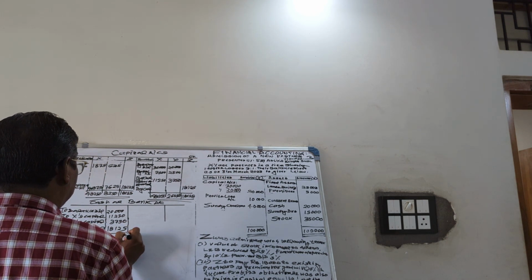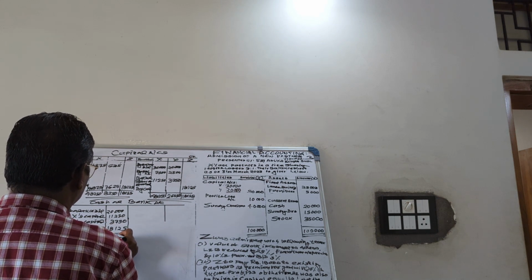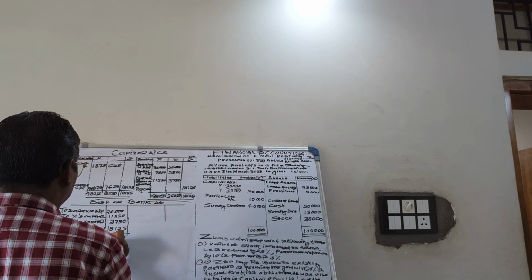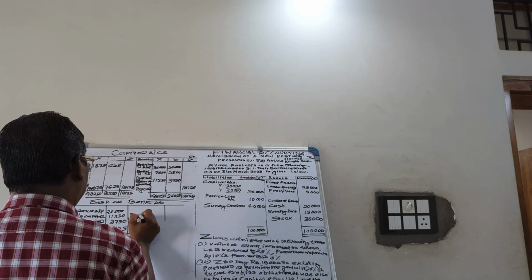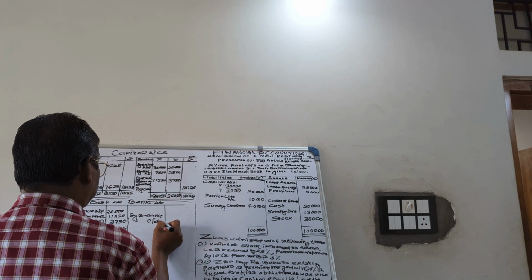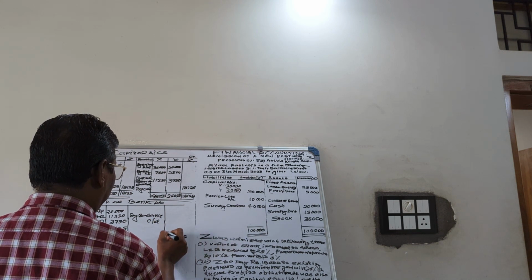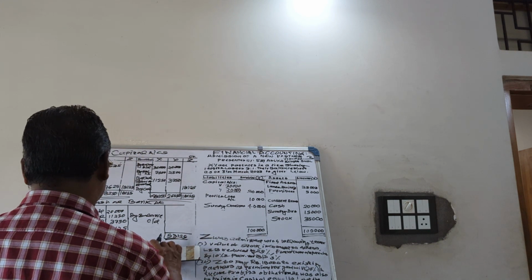So closing cash is 53,125. So write by balance carried down. Closing balance for balance sheet purpose is 53,125.